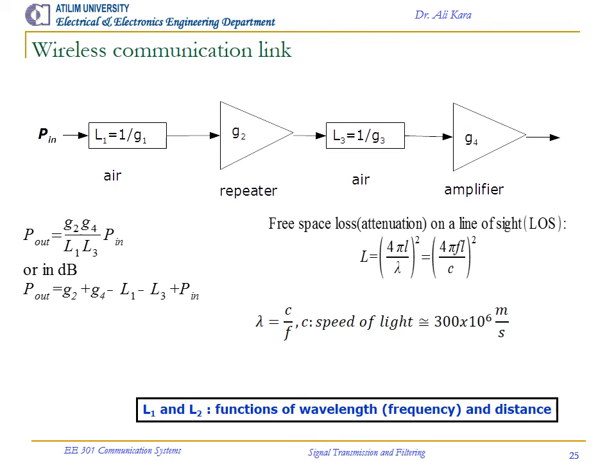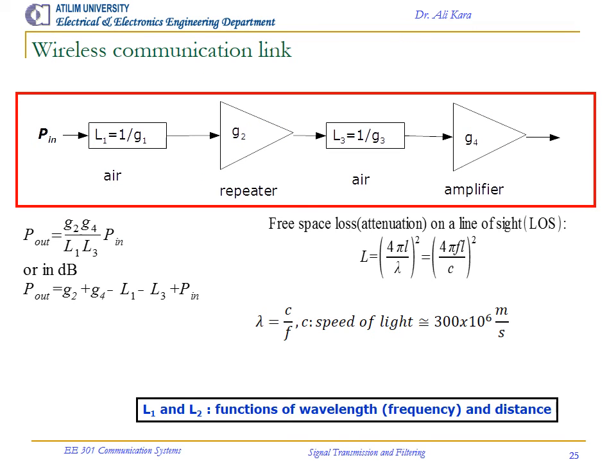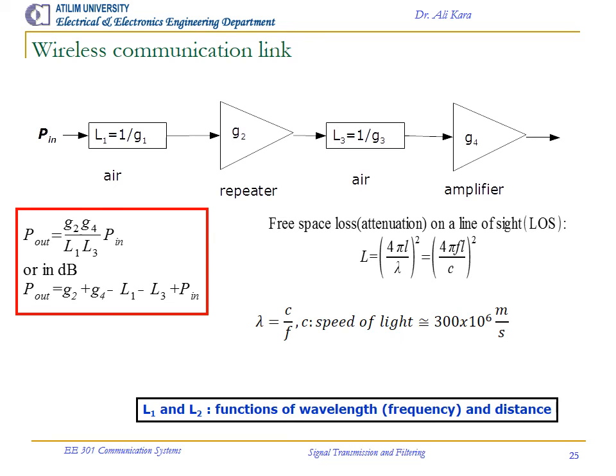Wireless communication link. Now consider the wireless communication link depicted here. Pout is equal to G2 times G4 over L1 times L3 times Pin, or in dB form, Pout is G2 plus G4 minus L1 minus L3 plus Pin.